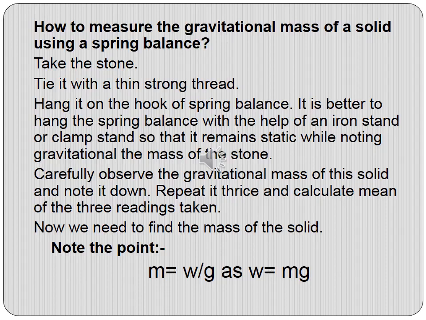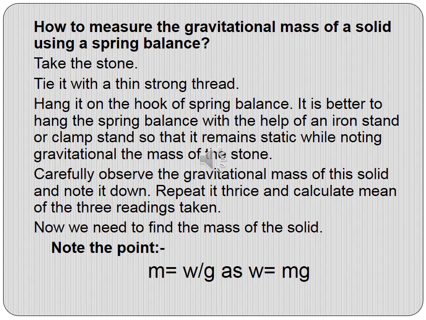It is better to hang the spring balance with the help of an iron stand or clamp stand so that it remains static while taking the readings. Carefully observe the gravitational mass of the solid and note it down. Repeat it three times and calculate the mean value of the 3 readings taken.